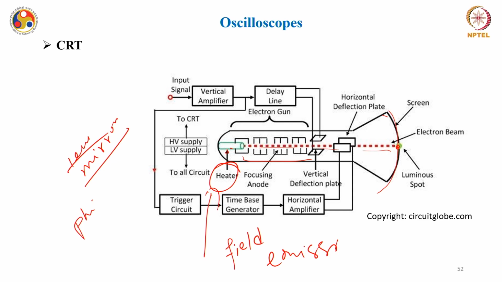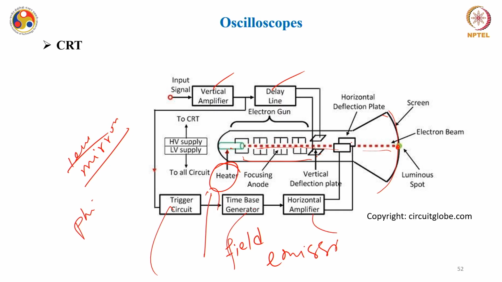So they are deflected using various electromagnetic systems, and then you have anodes which attract this electron beam and accelerate it, and you have a vertical deflection plate as well as a horizontal deflection plate. So two pairs of plates are there for deflection, and these are various components that we have already seen: vertical amplifier, delay line, trigger circuit, time base generator, horizontal amplifier.